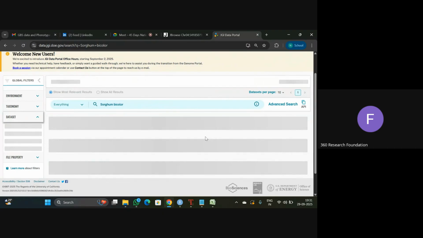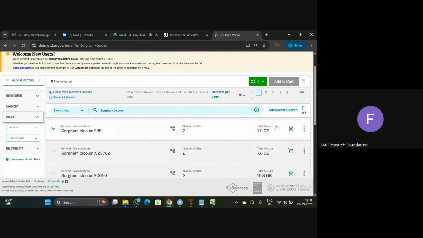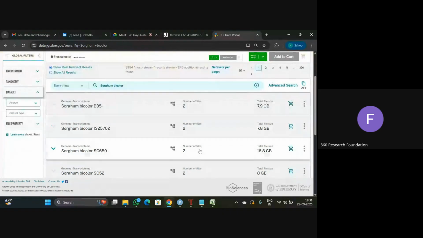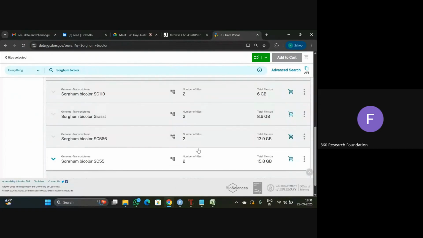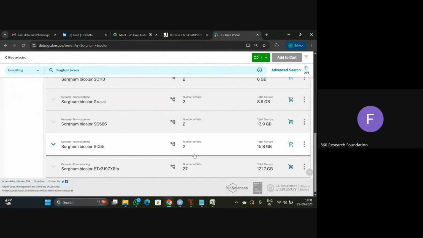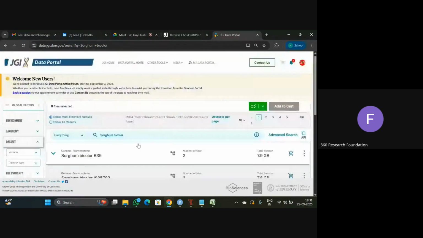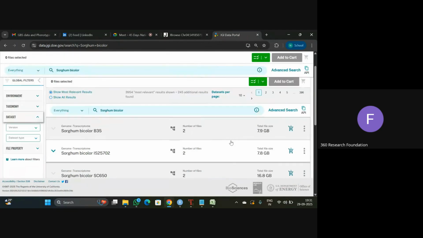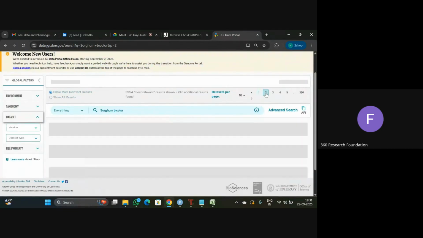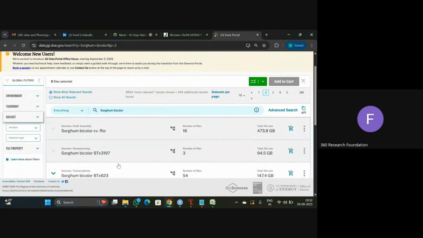It's somewhere near 7 or 8 GB, yeah, 8 GB. This is accession wise, and I think the combined one is also there. Likewise, all are there. Everything you can download. There are a number of pages, so go for next.